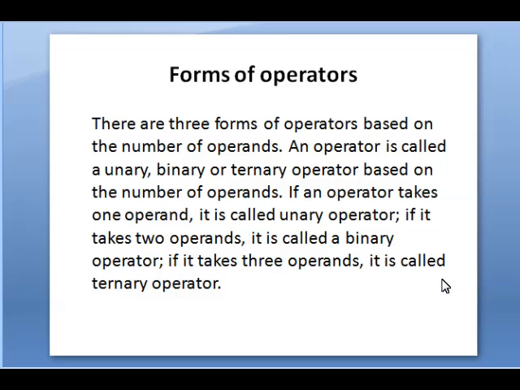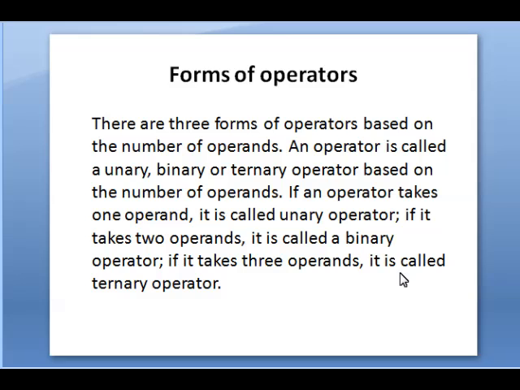If we are using only one operand, it is a unary operator. If we are using two operands to perform an operation, then it is called a binary operator. If we are using three operands, then it is called a ternary operator. So based on the number of operands, the operators are named.